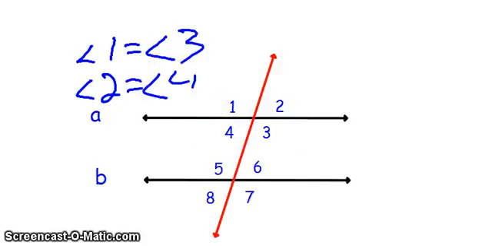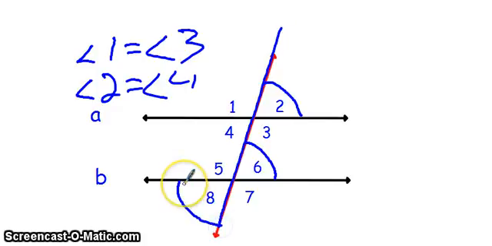Now we need to take a look at the angles in the bottom part of the diagram. Angle 2 is going to form the same angle as angle 6 because the transversal cuts through the parallel lines at the same angle. So angle 2 is the same as angle 6, and angle 6 is the same as angle 8. So that means that angle 2, 4, 6, and 8 all have the same value.